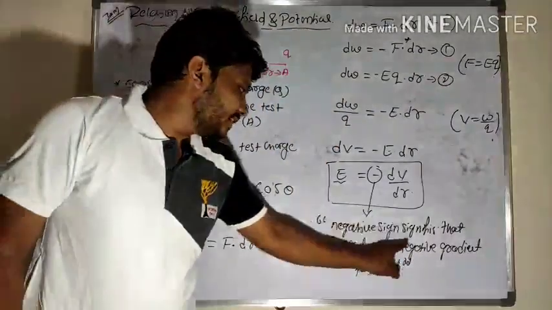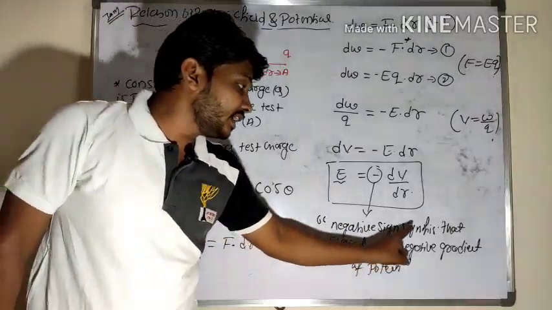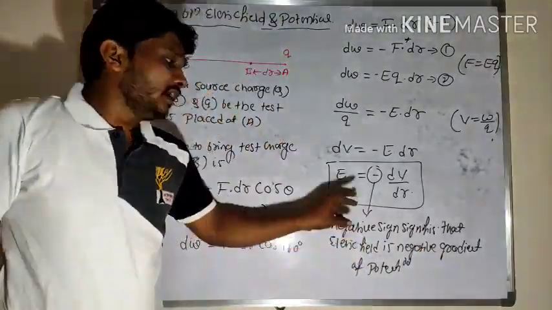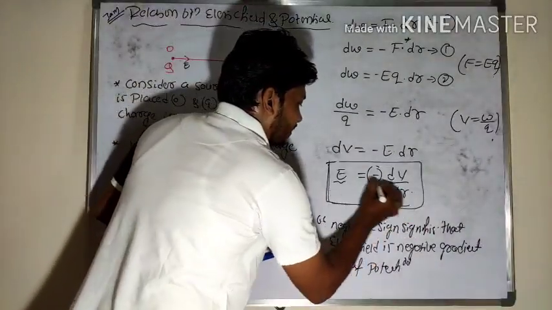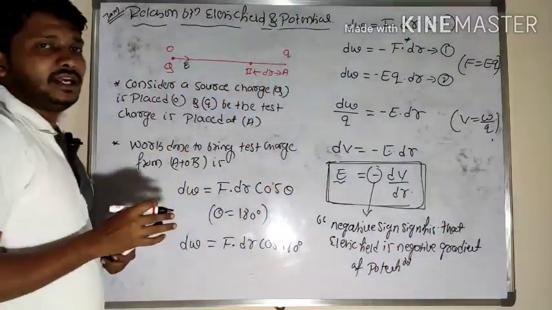Negative sign signifies that electric field is negative gradient of electric potential. So that is, E is equal to minus of dV by dr.